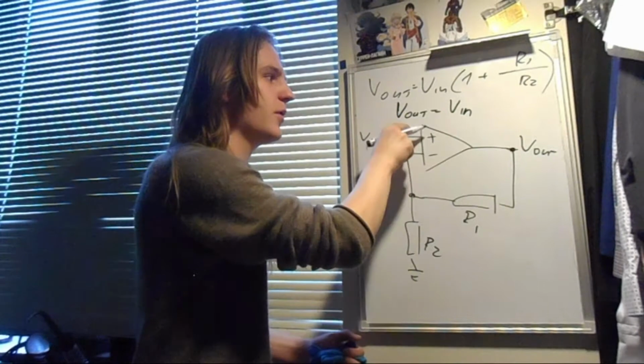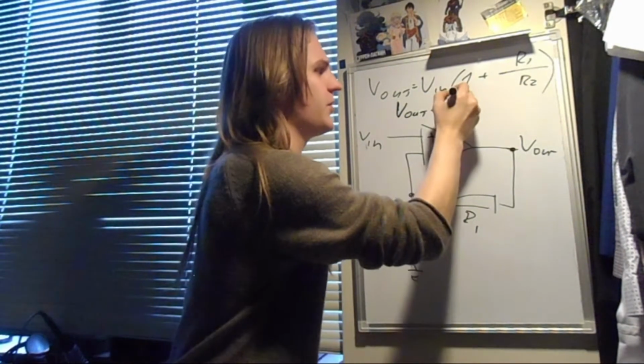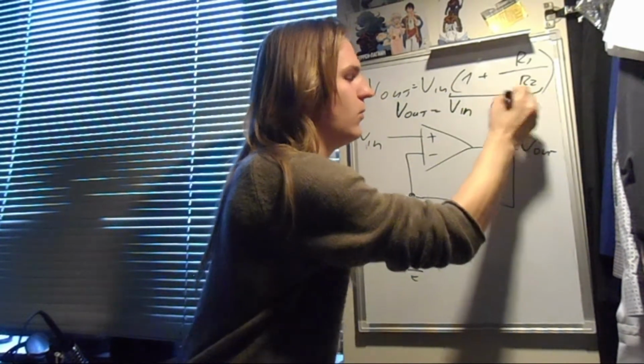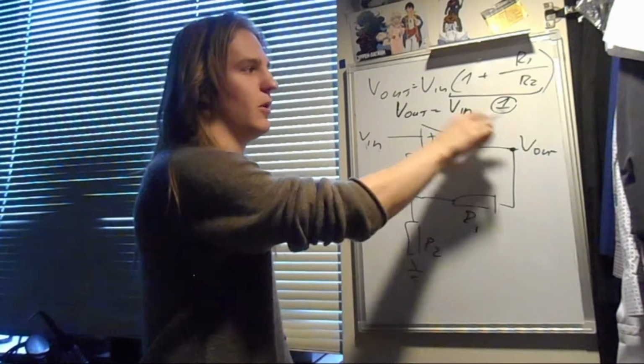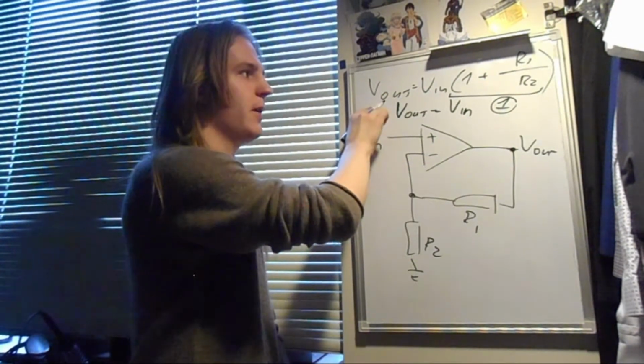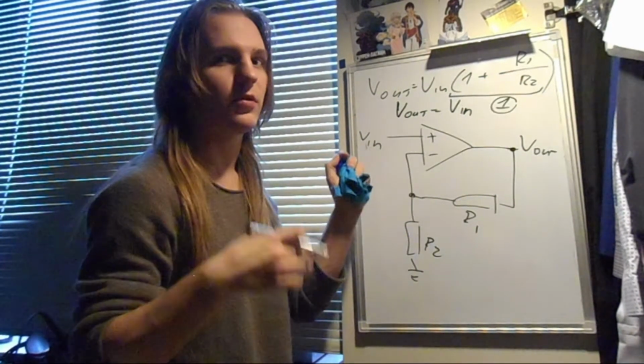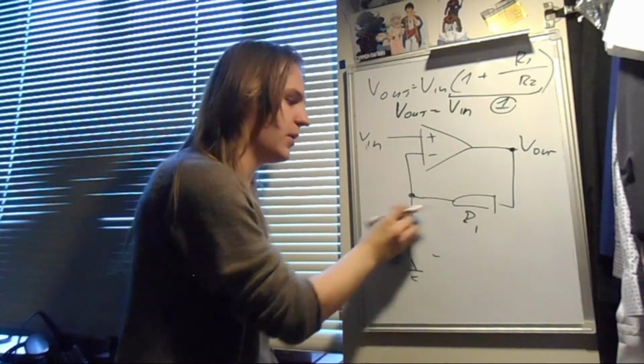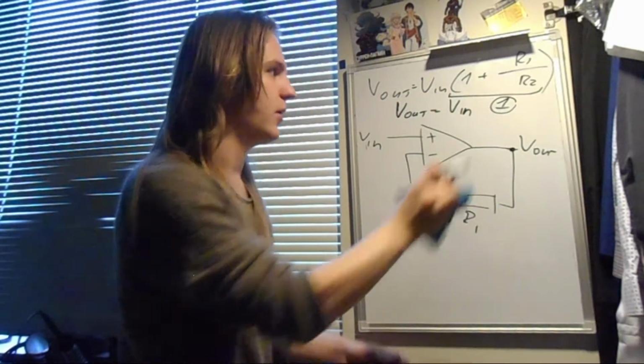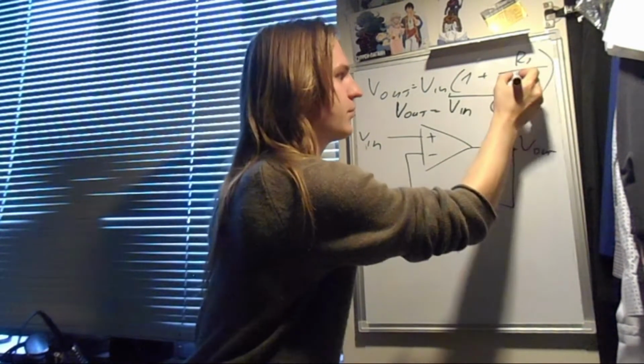But for this to be true, we need this gain to be 1, right? Because V in multiplied by 1 equals V out. And for this, we need this ratio to be equal to 0. Remove our R2 resistor to ground, it becomes infinite.